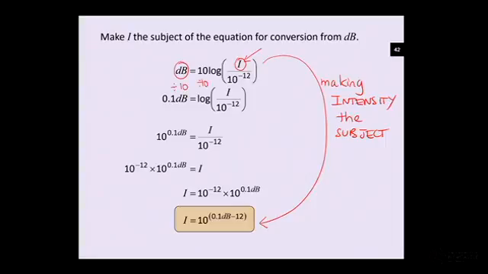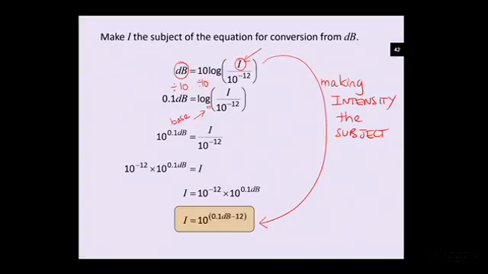How do you remove a log, or how do you write it in reverse? Again, that's from 1 to 4 when you go from index form to log form. This is log to the base 10. So if you want to remind yourself, there is the base. And that's why on the next line it says 10 to the power of what's on this side. 10 to the power of 0.1 dB is now equal to that answer.